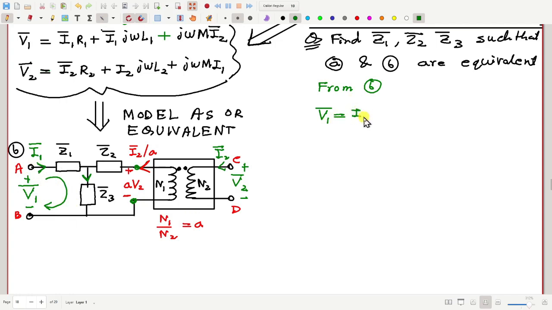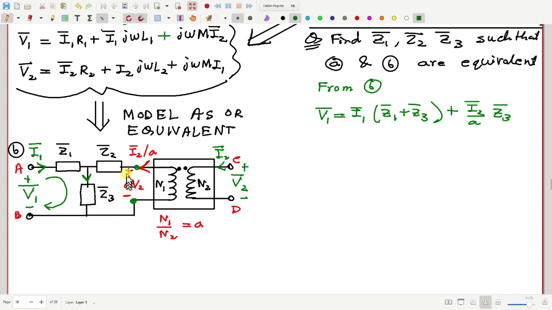It will be I1 into Z1 plus Z3, plus I2 by A into Z3. Am I correct? Please check once. Yeah, looks correct. Fine?